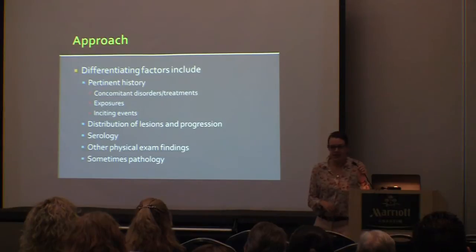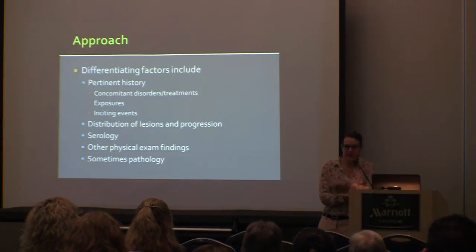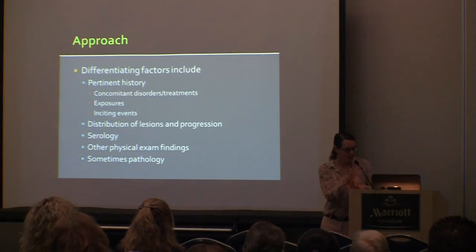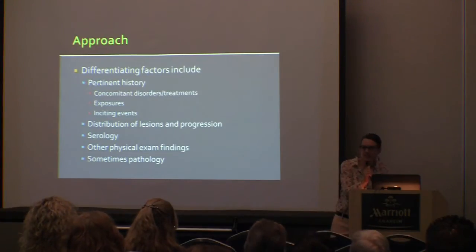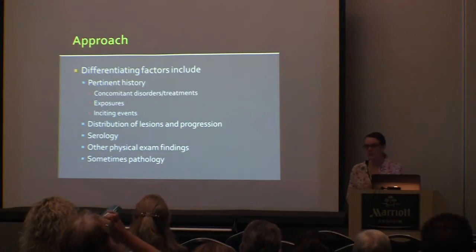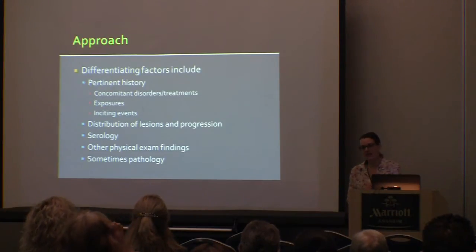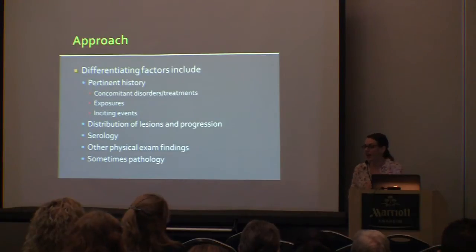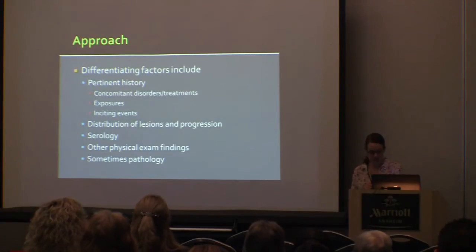So when I see a patient, I think it's very important to ascertain these following elements that you see here. The first is really to elicit a history from the patient. What's really important to figure out is, do they have any concomitant health problems or concerns going on, and what treatments they've had to date and the effects of those treatments.